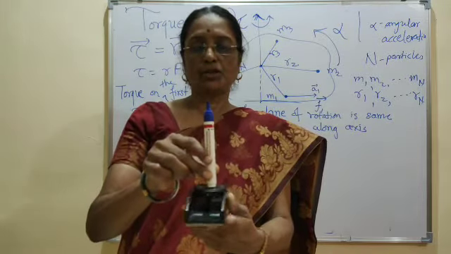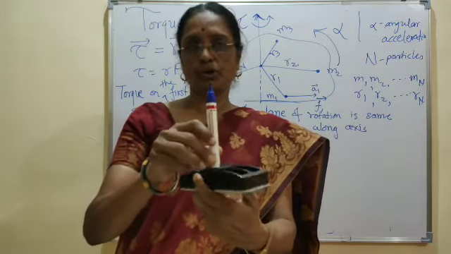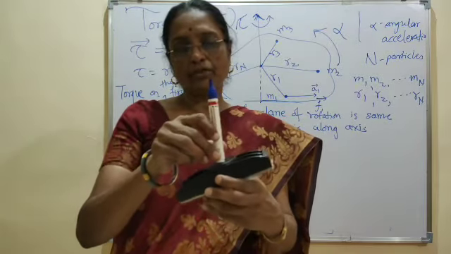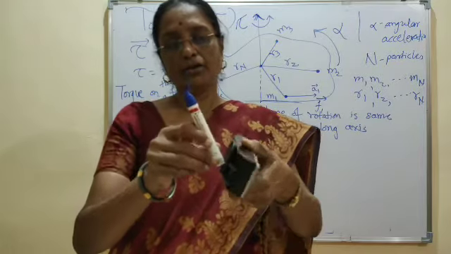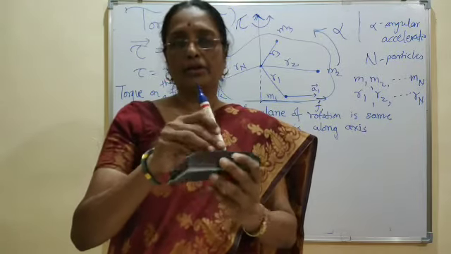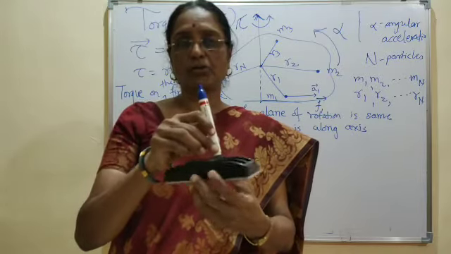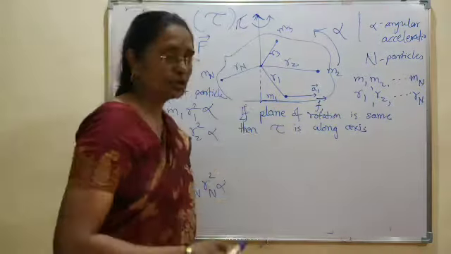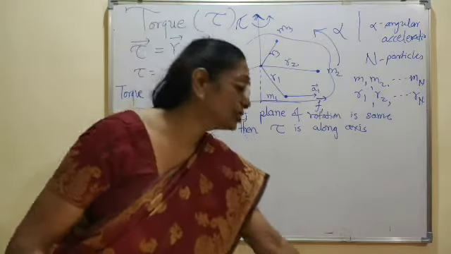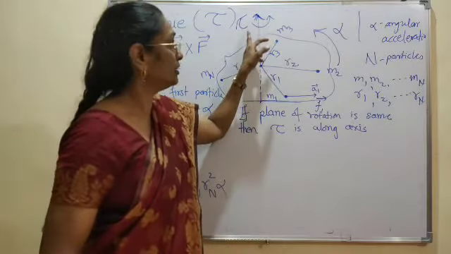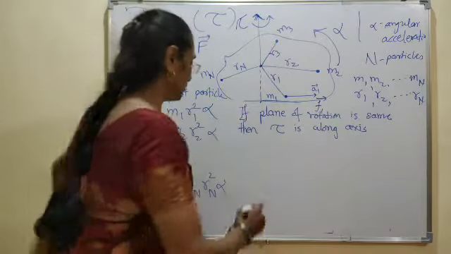The plane of rotation is maintained. Suppose it is a horizontal plane, but sometimes the body can rotate in another plane. In this expression we have to maintain the plane, and we have taken it as a horizontal plane. In that condition, tau is vertically upward, along the axis.